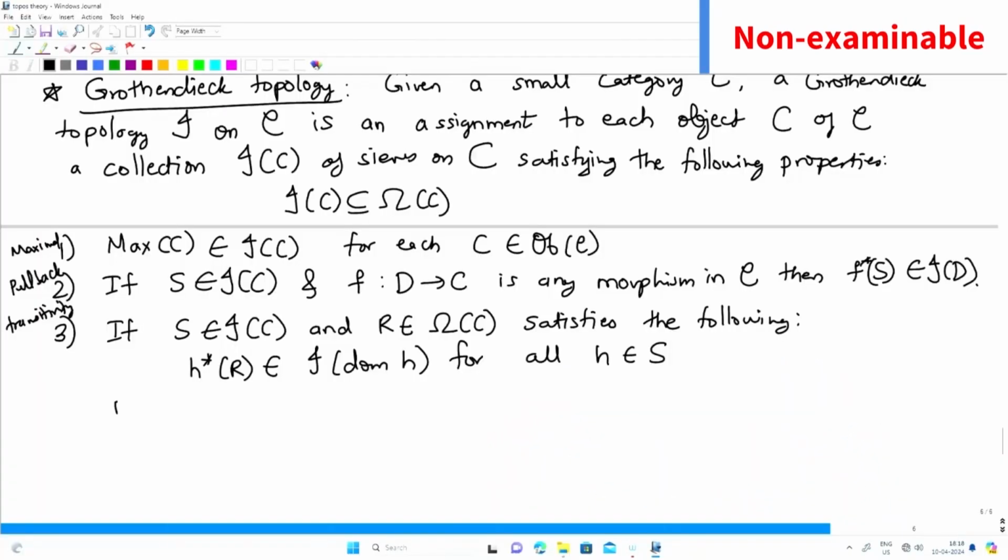Pullbacks under all arrows of a covering sieve are covering, then R itself is a covering sieve.